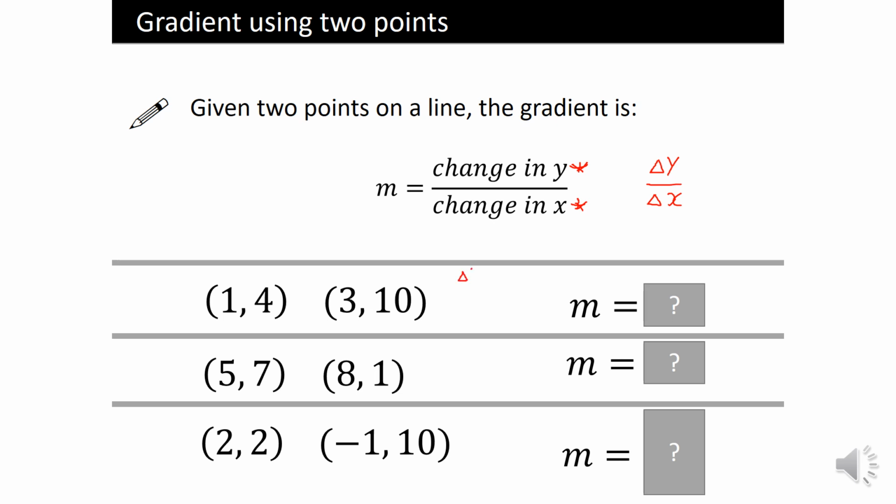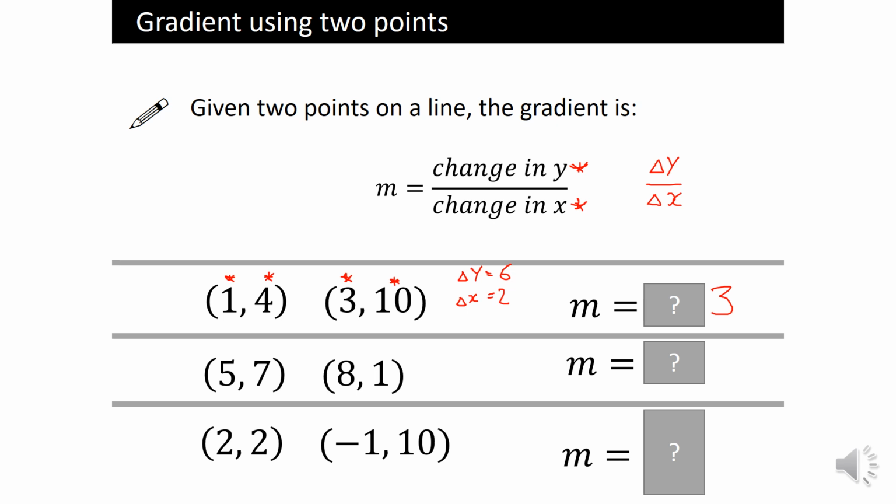So delta y equals 10 minus 4, which is 6. Change in x is 3 minus 1, which is 2. So my gradient, 6 divided by 2, is 3.